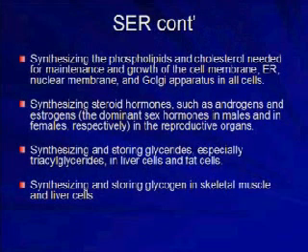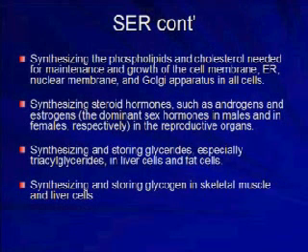The smooth endoplasmic reticulum synthesizes the phospholipids and the cholesterol needed for the maintenance and growth of cell membranes, endoplasmic reticulum, nuclear membrane, and Golgi apparatus in all cells. This slide is a little redundant. Again, synthesizing the hormones, synthesizing and storing glycerides, and then synthesizing and storing glycogen.